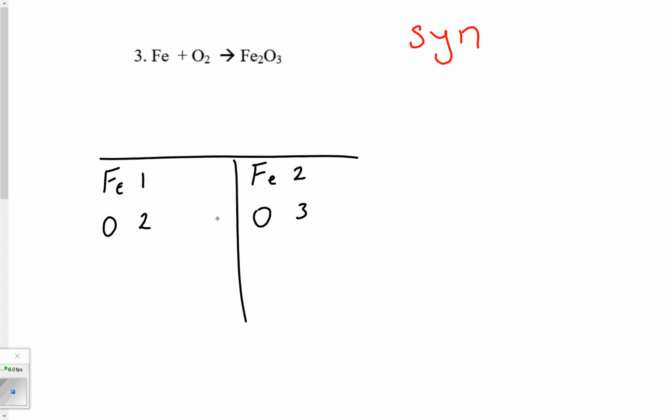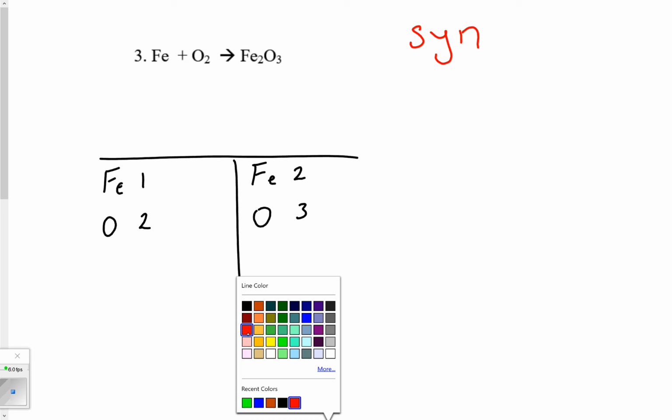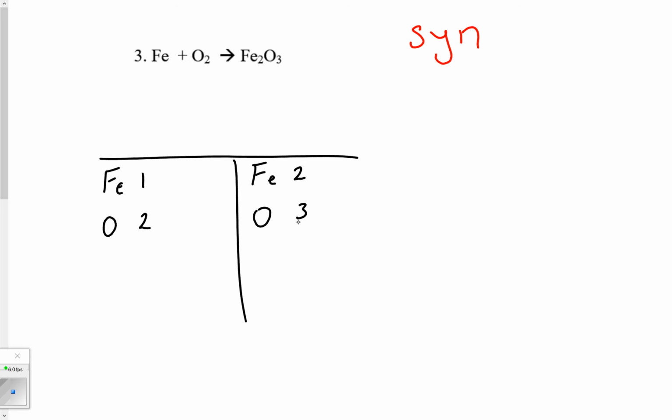Well, I got an idea. Let's start with oxygen. Because when I see 3 and 2, the first thing that comes to my mind is the number 6. So if I look at this, what could I multiply oxygen by to have 6? Well, I can multiply by 2. So what somebody will do is they'll walk up here and they'll jam the number 2 in the middle of that formula.